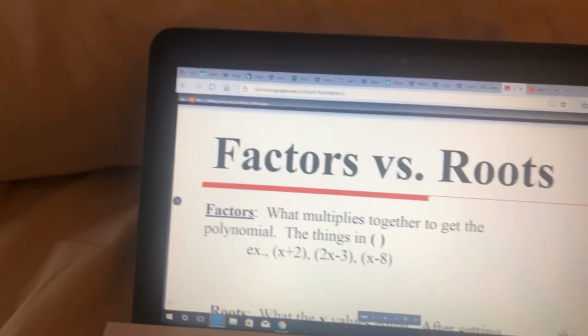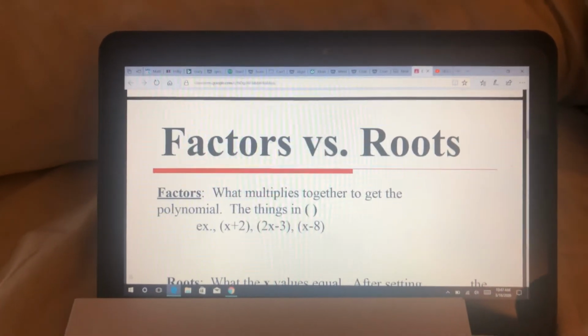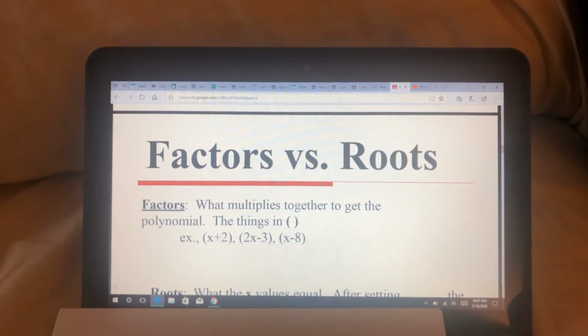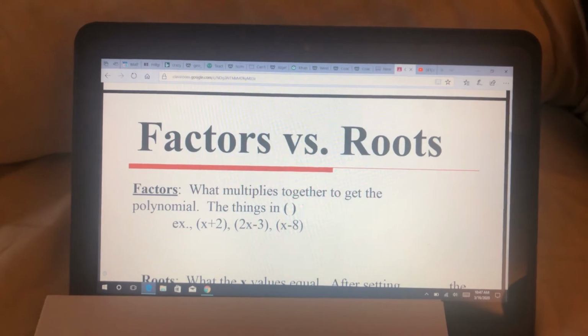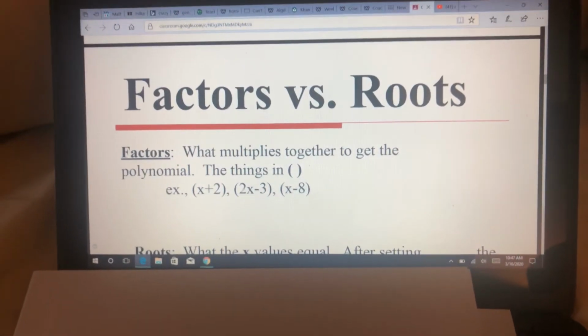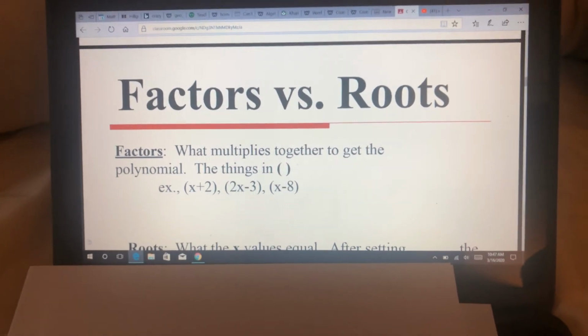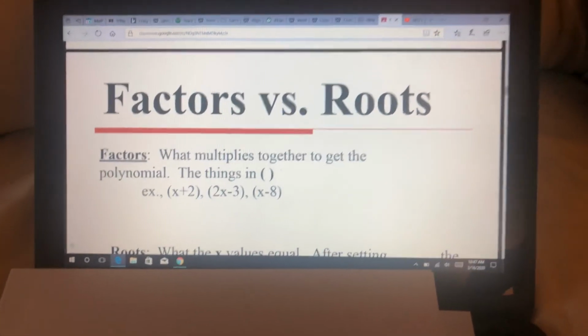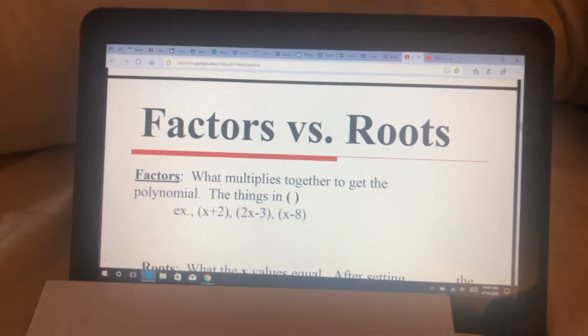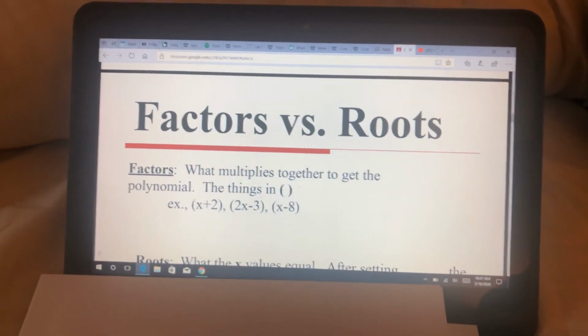So, factors versus roots. Factors are what multiply together to get the polynomial, the things in the parentheses. For instance, remember when we would factor a quadratic, it would come out to be like x plus 2 times x plus 4. And then we would set them equal to 0 and solve.